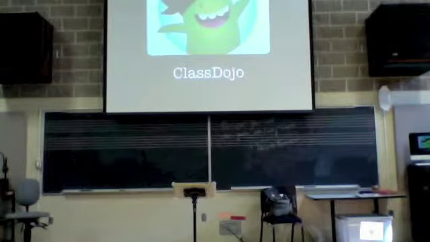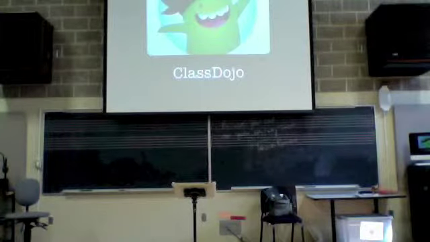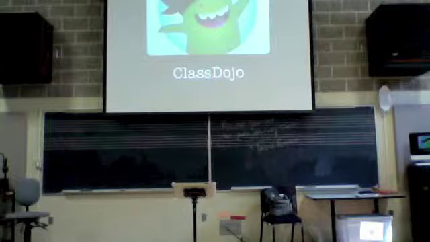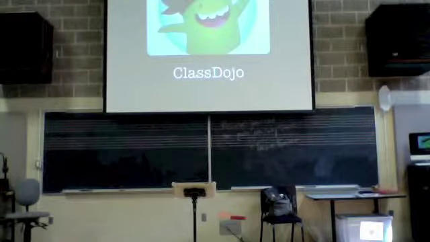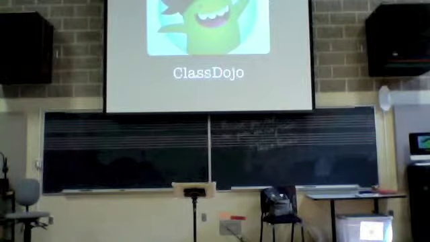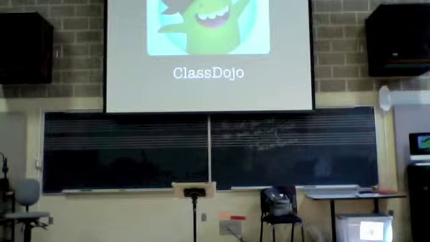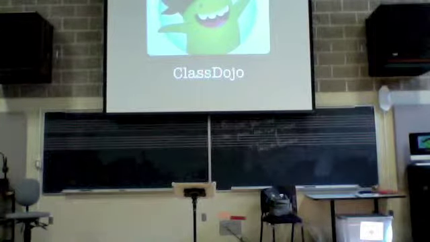Class Dojo, which I talked about earlier, is a classroom management tool where if you put in a list of your students, it makes every student into a little monster, which is true on several levels. But what's really fun is that kids can log in and modify their monster. If you give them a code, parents can log in, and you can track students based on the parameters you set.